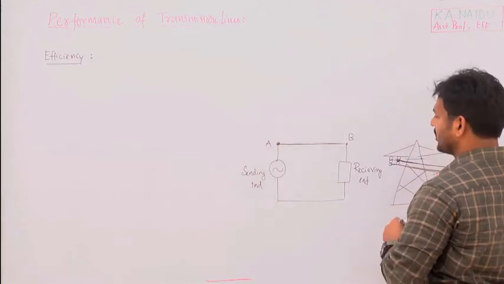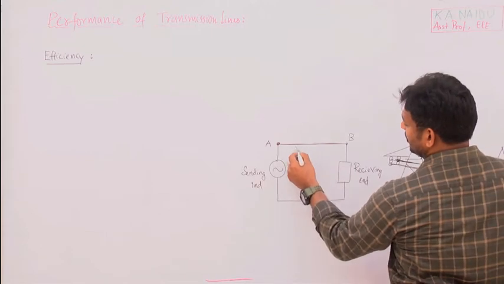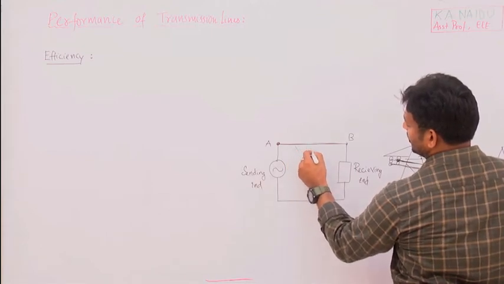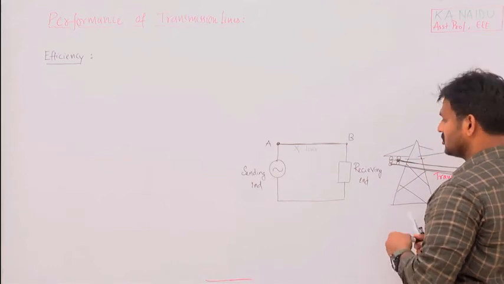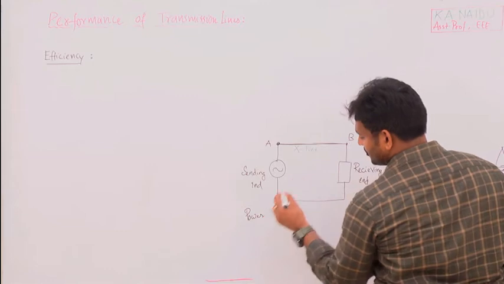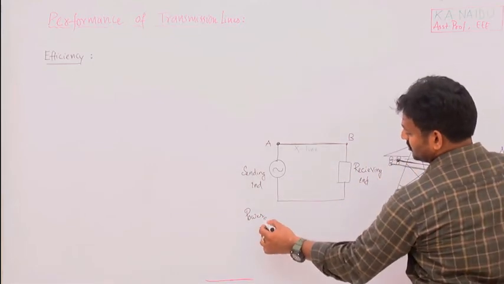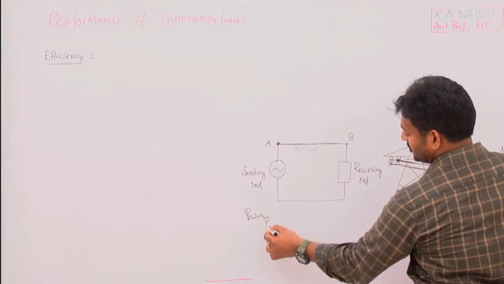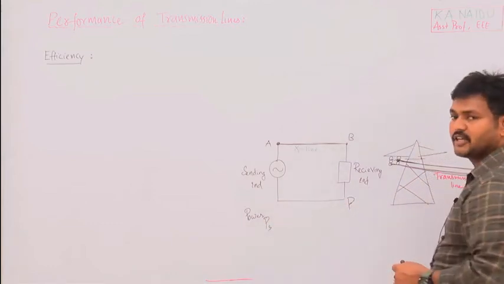This is maybe one conductor or it may be some group of conductors. So this we call it as a transmission line. Now, what is the power that is at the sending end? So let us take it as PS. This is the power at the receiving end. So let us take it as PR.